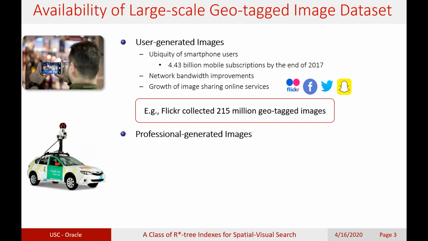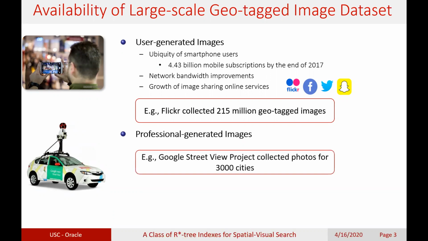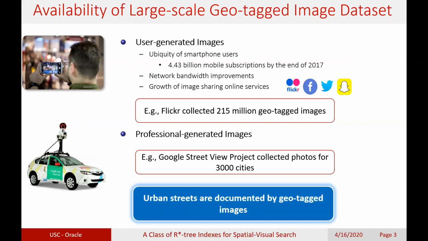For example, Flickr collected more than 200 million geotagged images. On the other hand, an example of professional generated images are the ones collected by Google Street View. In particular, Google collected photos for more than 3,000 cities all over the world. As a result, urban streets are documented by geotagged images.